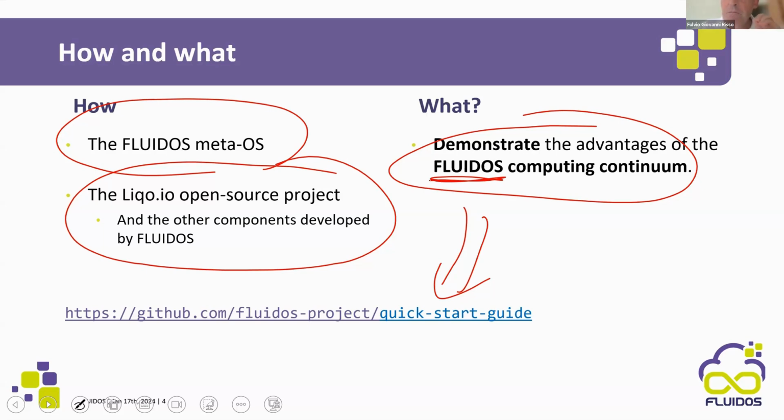I have to say, most of the projects that were submitted in the first open call were basically very poor in this respect. Because they said, okay, yet another project about computing continuum, let's submit here. No, definitely no. And basically, the preliminary check that was presented by James before, which is made by us, says this has nothing to do with the FLUIDOS computing continuum.